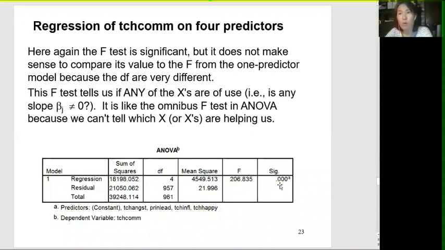What I just said is kind of important. So F-test, overall model test. Once it is statistically significant, you move on to the next test, the individual slope test, t-test. Then find out which one is statistically significant, okay?